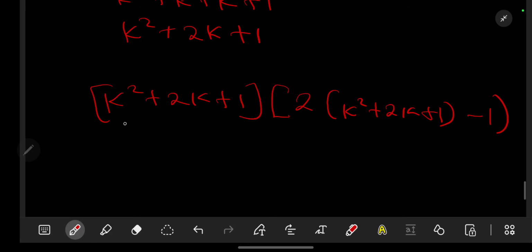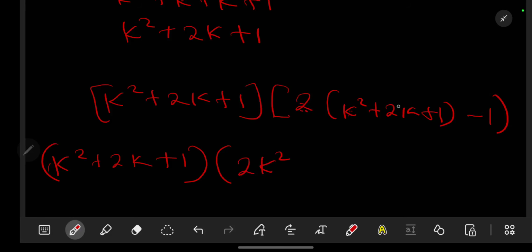So this gives us k squared plus 2k plus 1 multiplied by, we have 2 by k it will be 2k squared, 2 by 2 it will be 4k, then we have plus 2 by 1 it will be 2, then we have minus 1.